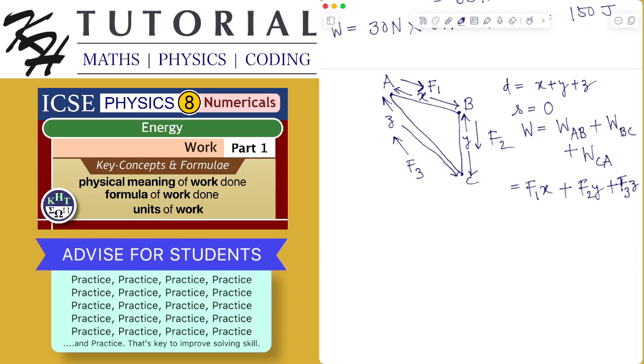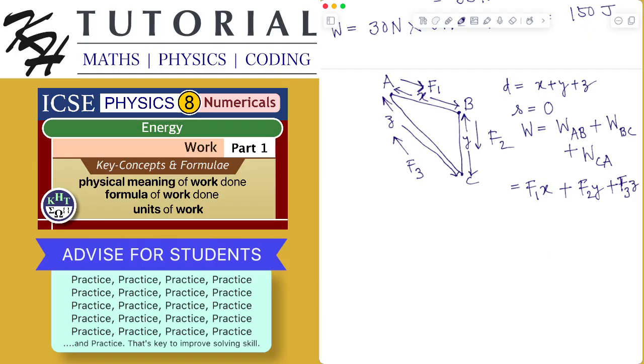The important thing to understand is that the total distance covered by the body was x plus y plus z. The displacement was 0 because the initial position and the final position of the body are the same.